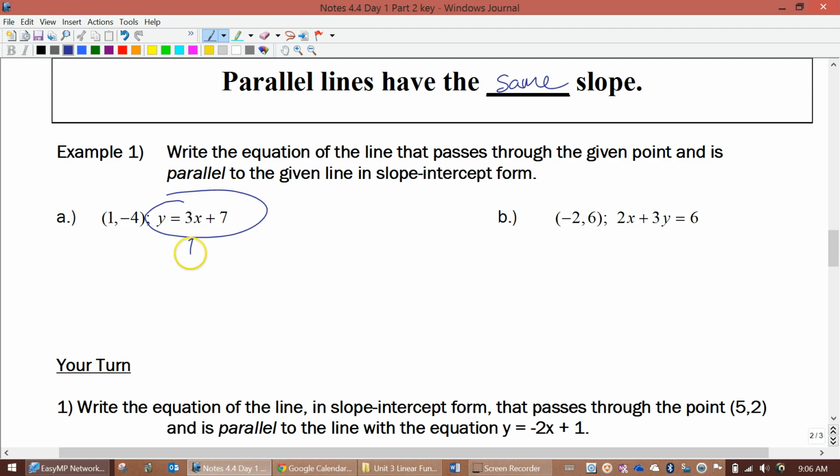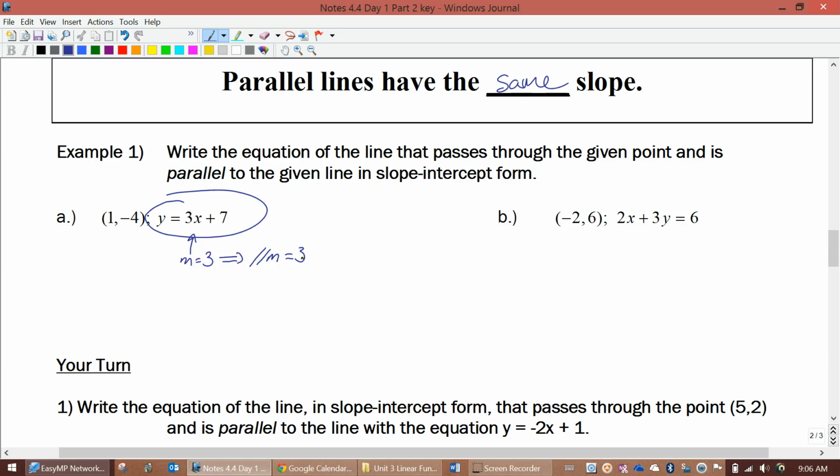What's the slope of this line? The slope of that line is 3. I'm going to write it like that. After we find that, we use that same slope, and watch how I write this. That tells us that the parallel slope is 3. Those two lines next to each other mean the word parallel in math.